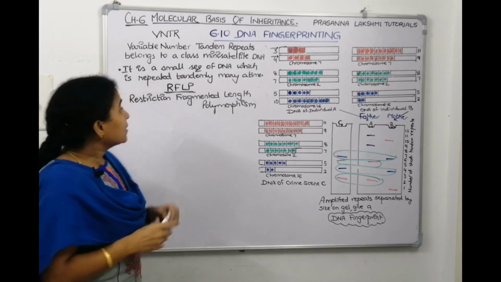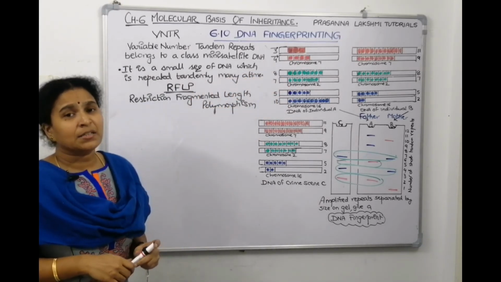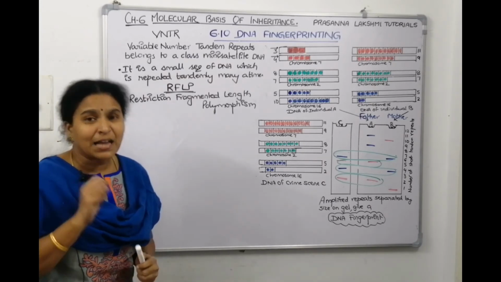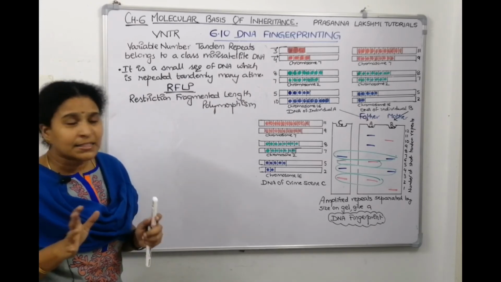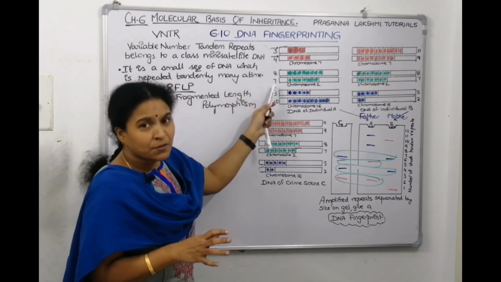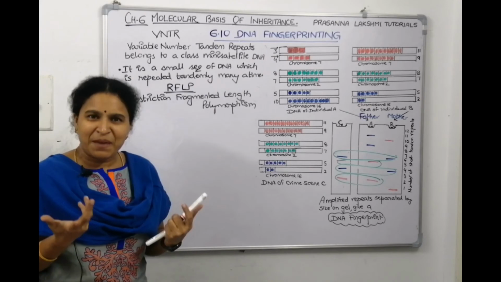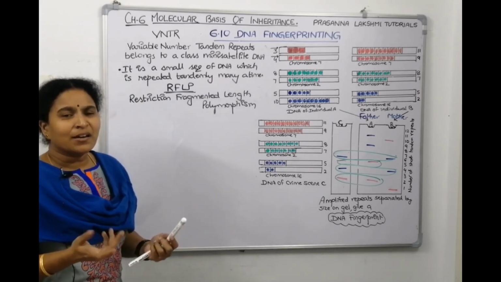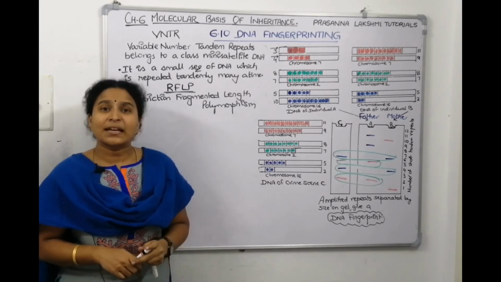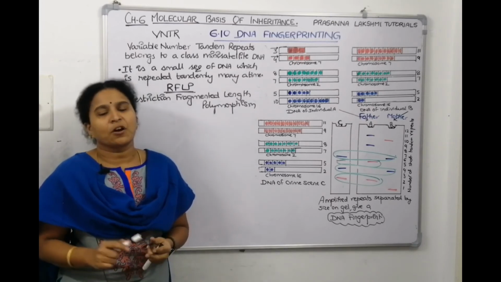Now when you digest the VNTR fragments with restriction enzymes, you are getting restricted fragments of different lengths: fragments of 3, fragments of 4, fragments of 8, fragments of 7. So length is making the DNA polymorphic. So that is what is called RFLP. VNTRs, when you digest it, you will get a pattern called RFLP, restriction fragmented length polymorphism.